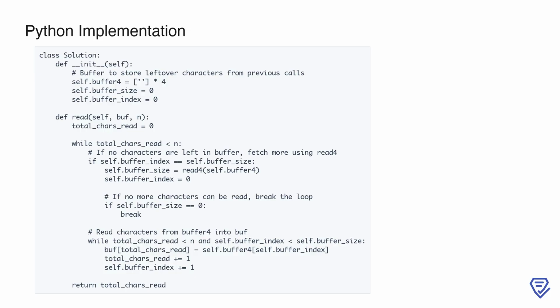For each character read, total_chars_read and buffer_index are incremented. Finally, the method returns total_chars_read, indicating how many characters were successfully read into buff during this call. This approach ensures that leftover characters are preserved across multiple calls to read and handled efficiently.